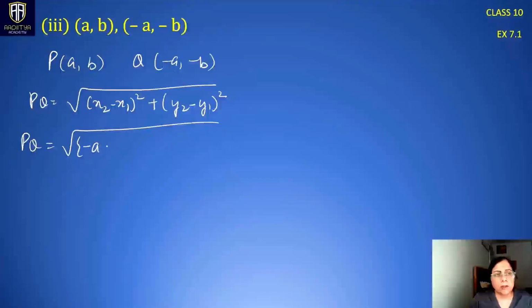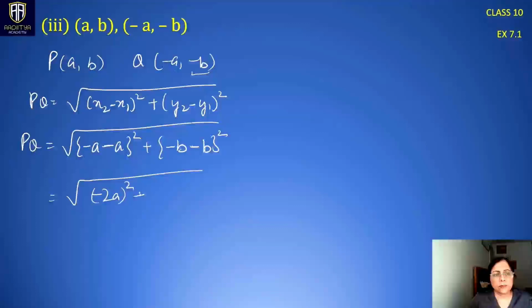Be careful. Then minus is for the formula. Then write x1. x1 is a. Then we have y2. y2 is negative b. Then this minus sign, y1. y1 is b. Right? So we have minus a minus a becomes minus 2a whole square. Minus b minus b is minus 2b whole square.